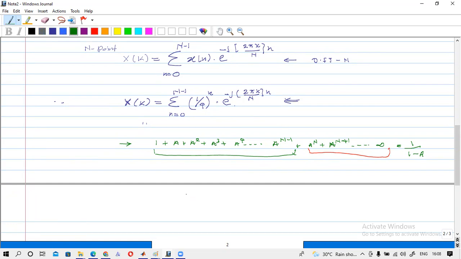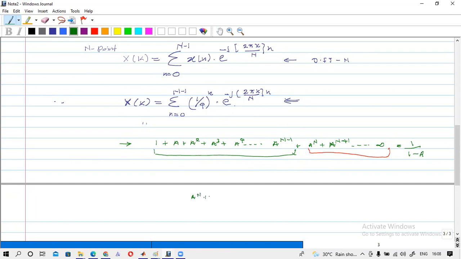So I have a^n plus a^(n+1) plus a^(n+2), likewise up to infinity. Now I just multiply this by a^(-n). So what happened here?